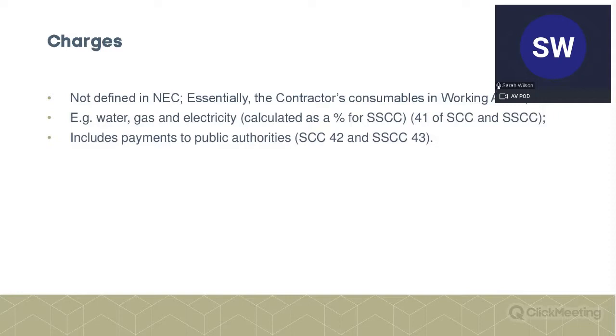So you're only using this for your compensation events. So if you have any extra water, gas, electricity for your compensation events, it's a percentage of your people cost for that compensation event.